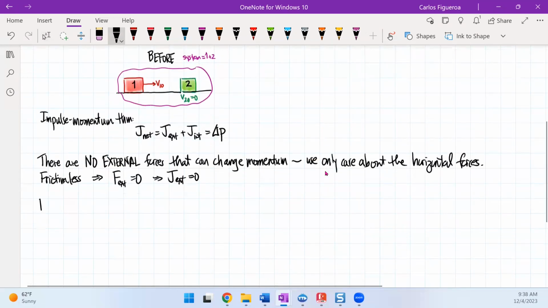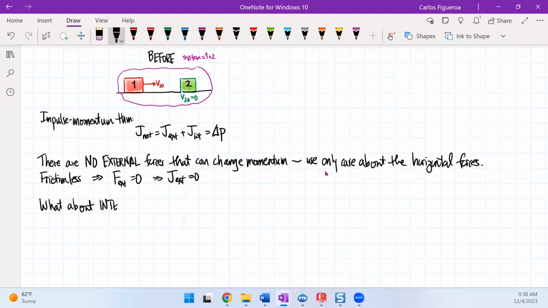So now, what about internal forces? Do they change momentum?